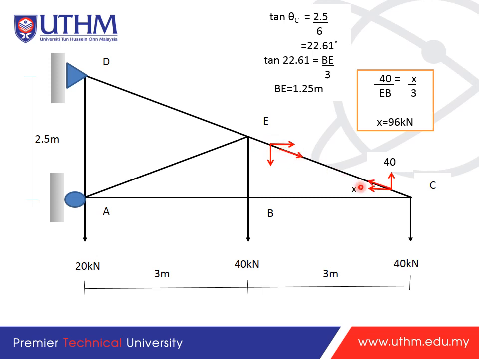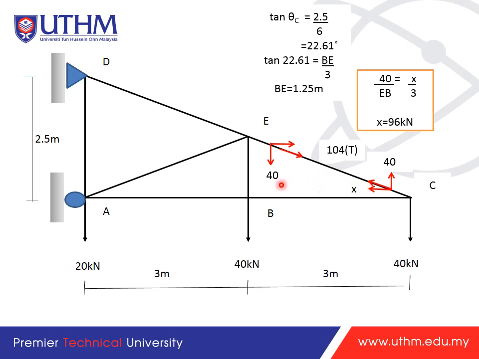Same here. From here, how do we find the member force of EC? You need to use the Pythagoras theorem: 40 squared plus 96 squared, and then you take the square root of the value, and you will get 104. This one will be a tension member.